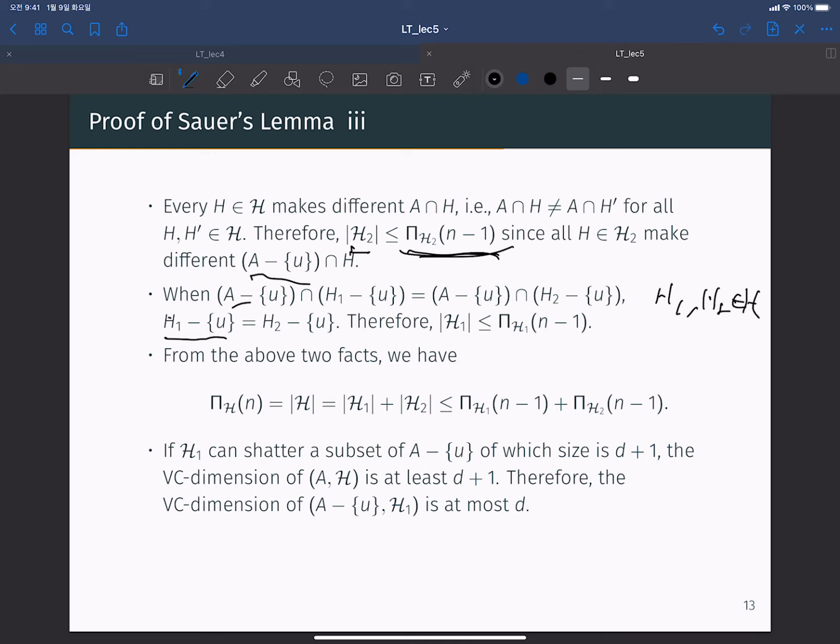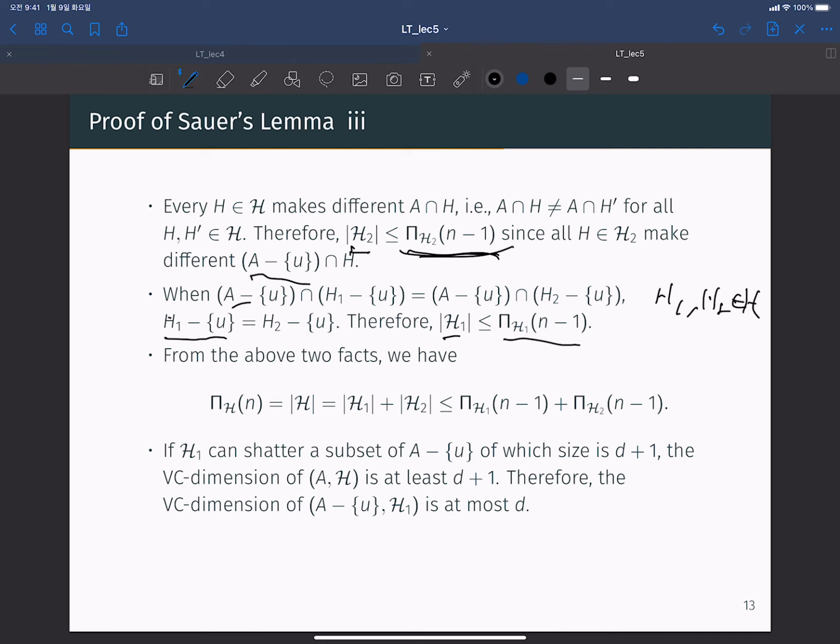Okay. So which means the cardinality of H1 is again less than or equal to the growth function with number of elements n minus 1.